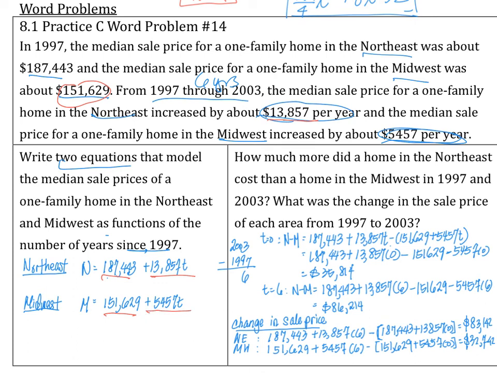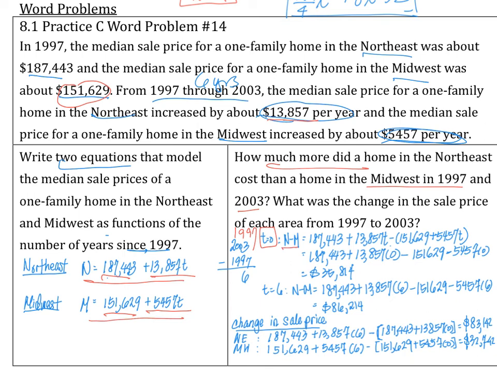Now, the next question is, how much more did a home in the Northeast cost than a home in the Midwest in 1997 and 2003? So in 1997, the time would be 0. So I need to take the expressions here and subtract them. So n subtract m.